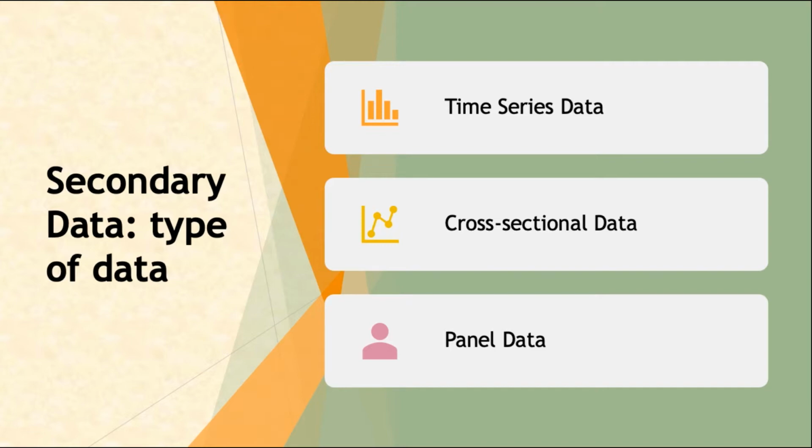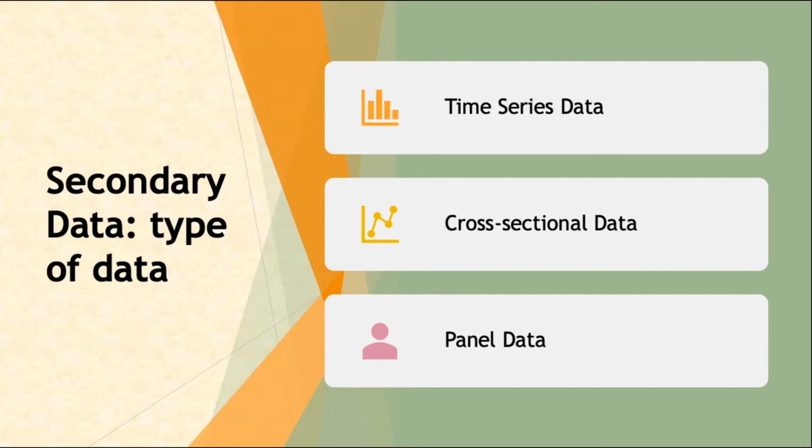As you know, there are mostly 3 types of data. So we have the primary data, where we go to the field and collect the data, and we know how to do that, and we have also talked about the questionnaire.